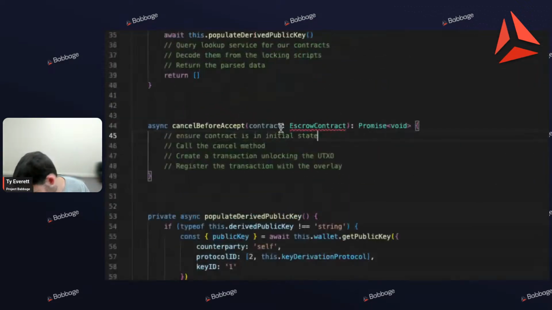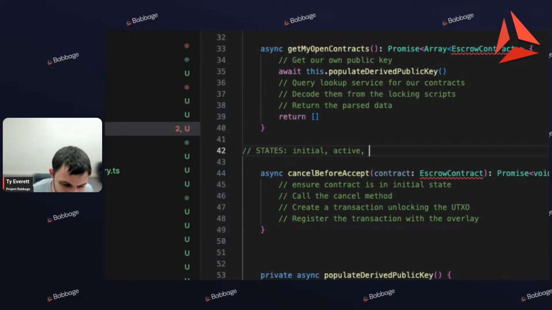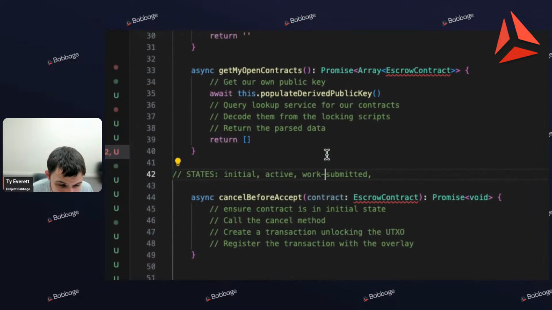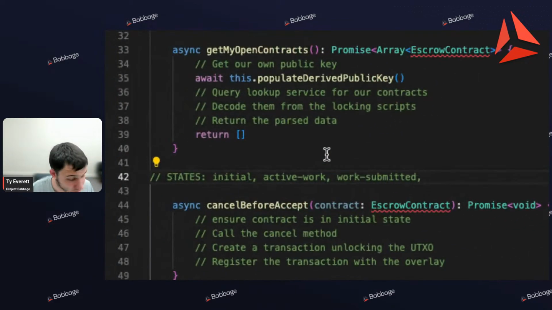So contracts can be in either initial state, starting to come together, right? Initial, active, submitted. So active, work submitted. What other states are applicable to a contract?